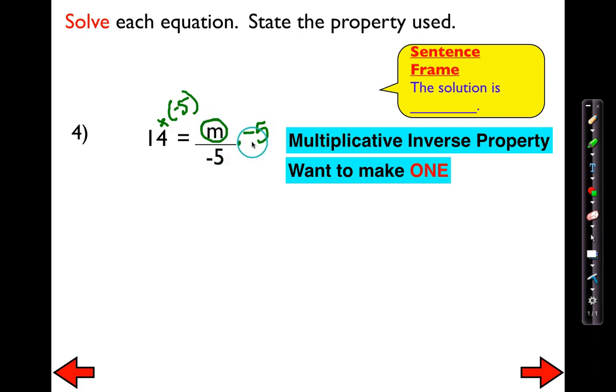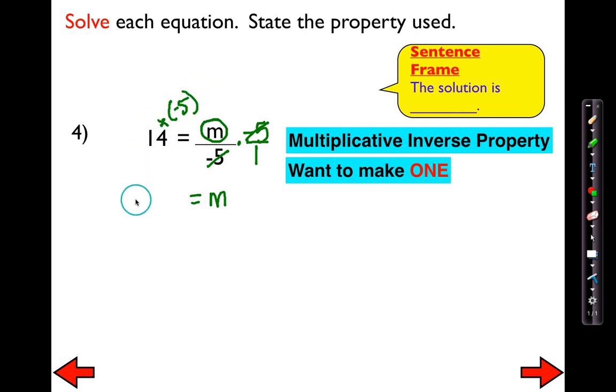A negative 5 and a negative 5 over 1, you can count them as they cross cancel, leaving you with just m, which is exactly what I want. Now if I made 0, 0 times m would be 0, and that's not what I want. So you need to be careful and make sure you're creating the number you want, whether it's a 1 or a 0. So here, you're just going to do 14 times negative 5.